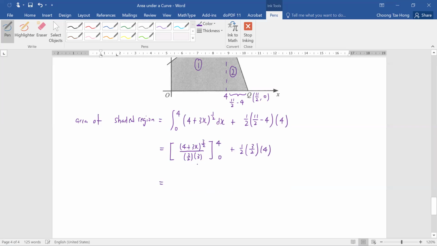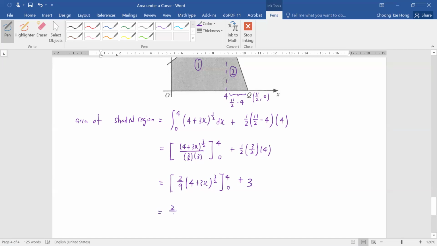Let's tidy up: 3 over 2 times 3 gives 9 over 2, so dividing by 9 over 2 becomes 2 over 9 times (4 plus 3x) to the power 3 over 2. For the other term, half times 3 over 2 times 4: half times 4 gives 2, and 2 times 3 over 2 gives 3.